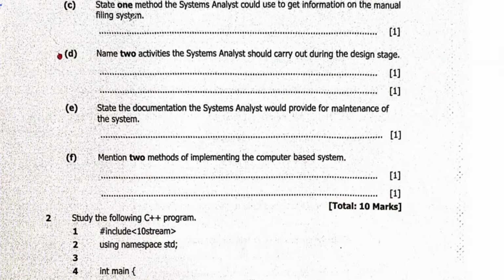State one method the system analyst could use to get information on the manual filing system. So we're looking at fact-finding methods that can be used here. One of them is interviews. It's a method.